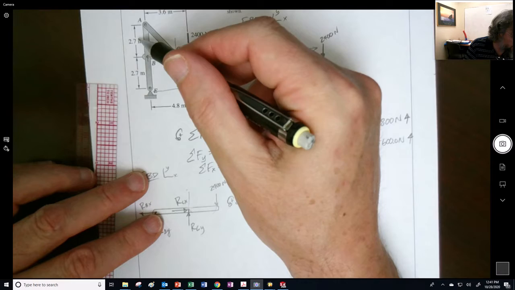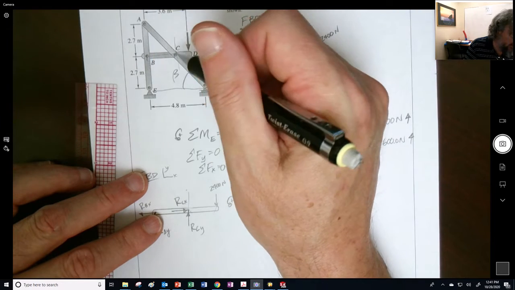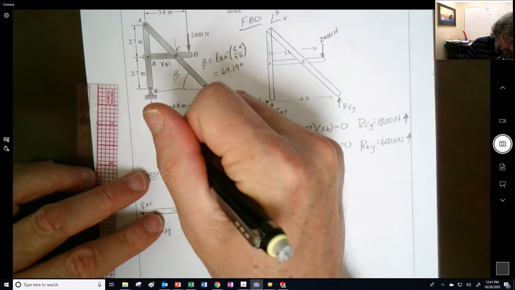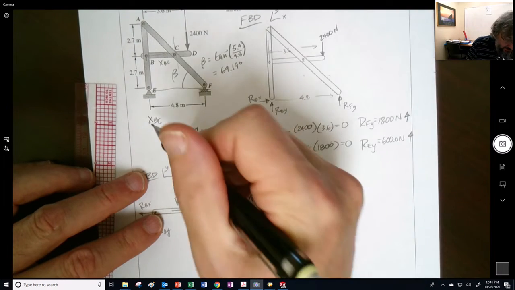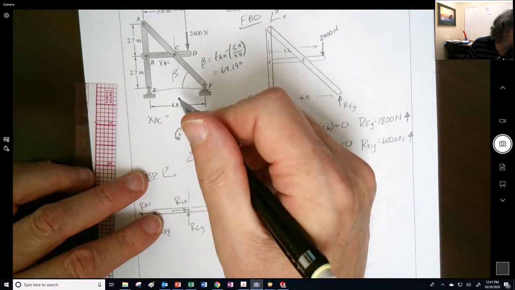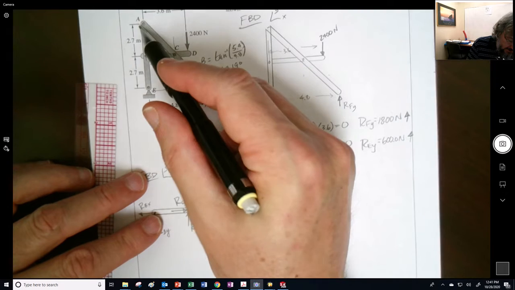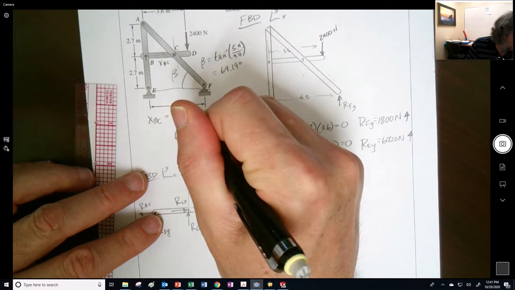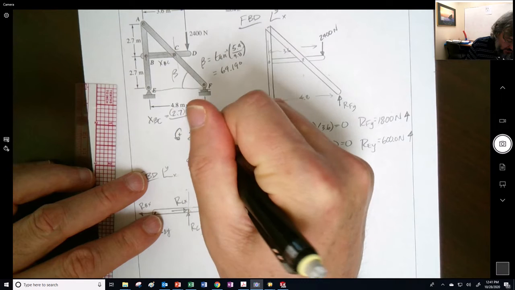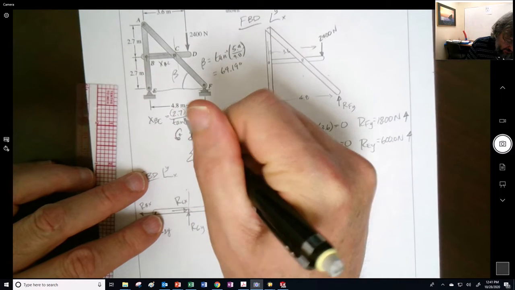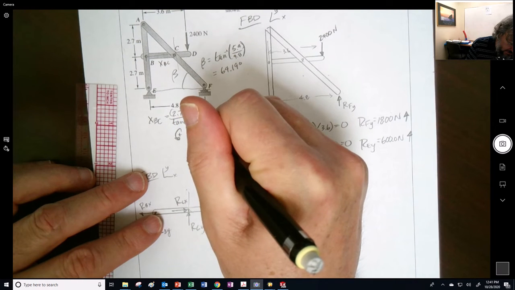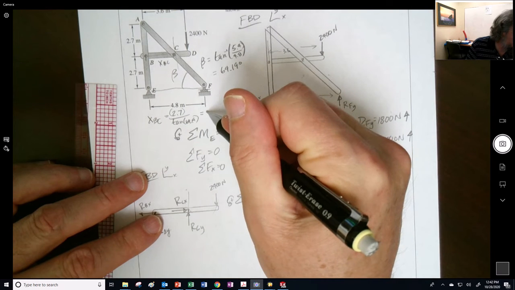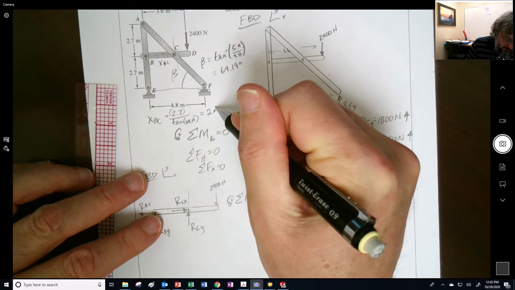So if you wanted to find this distance right here, which I called XBC, you'd say that XBC is going to be equal to, let's say this is the rise, so we divide the rise 2.7 by the tangent of 64.19, and that's going to give us the run, which ends up being 2.400.